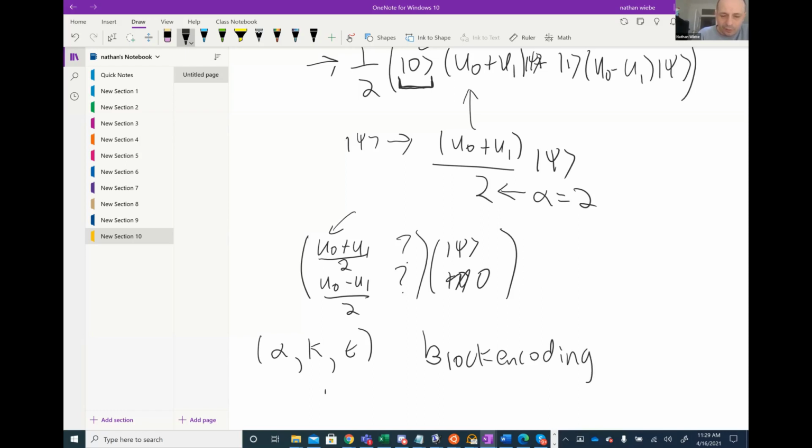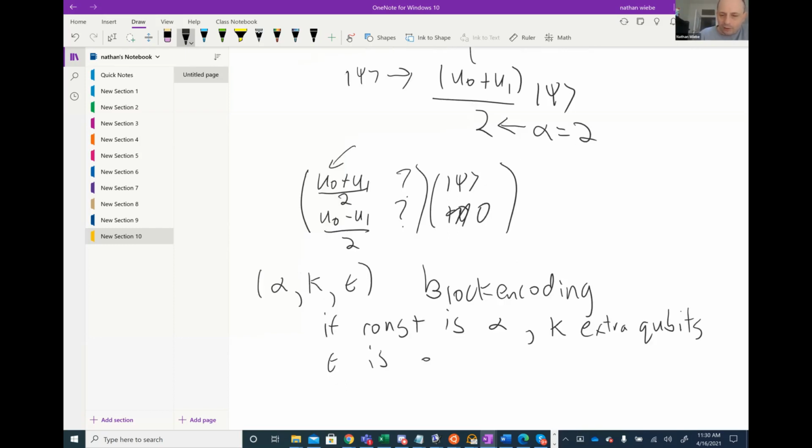If the constant is alpha, and if k extra qubits are used, and epsilon is the error.